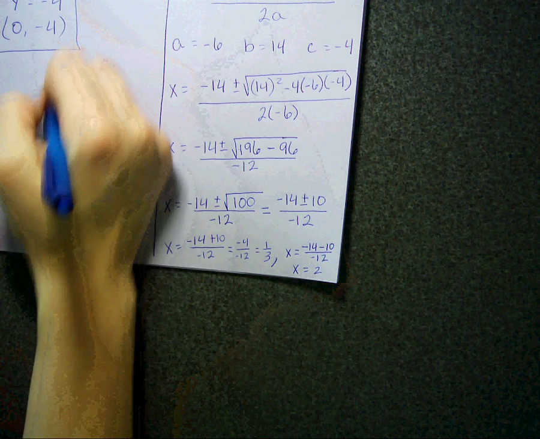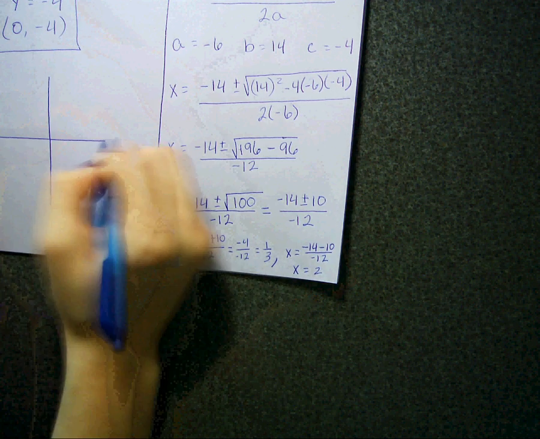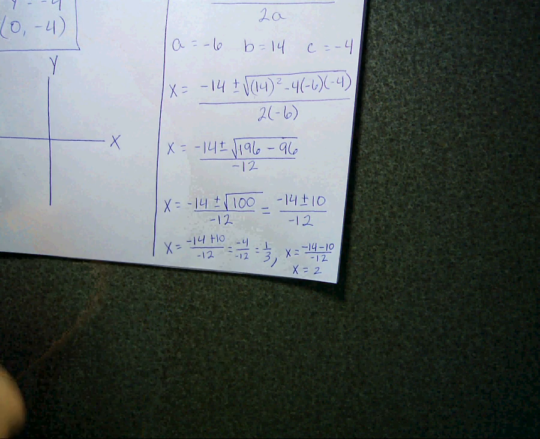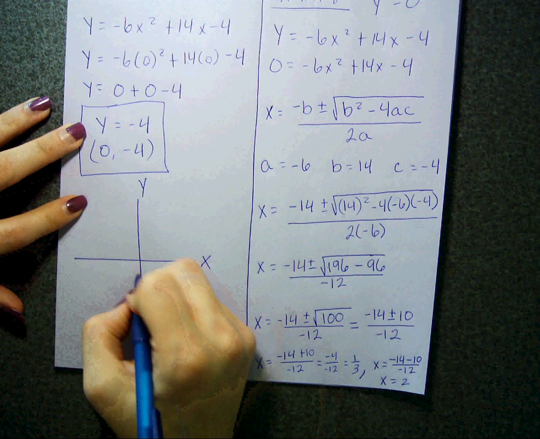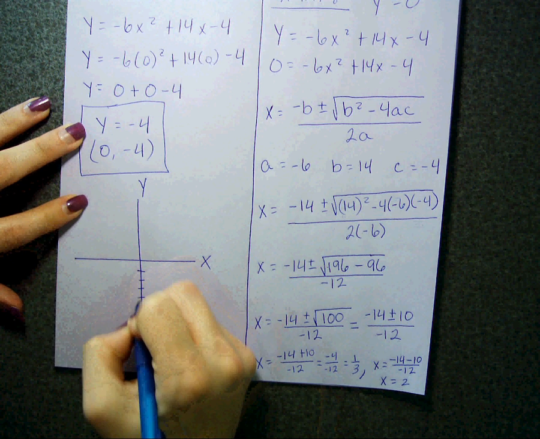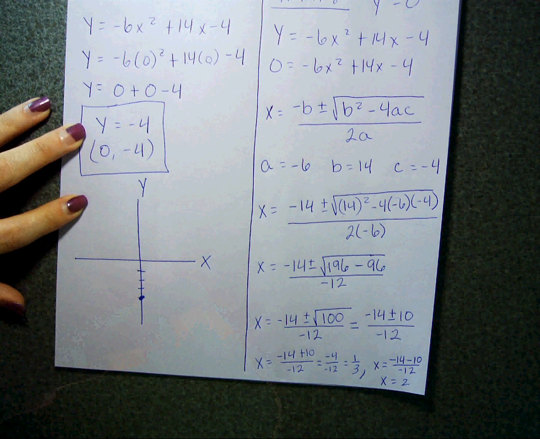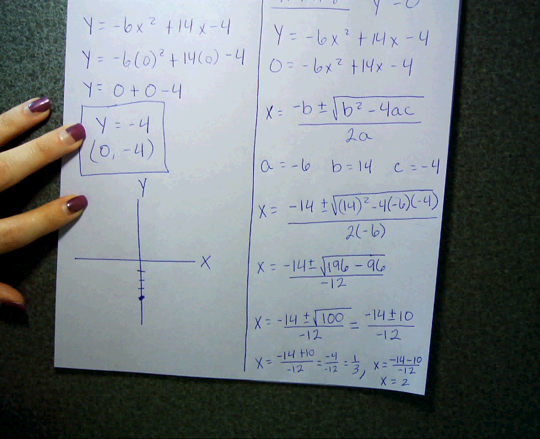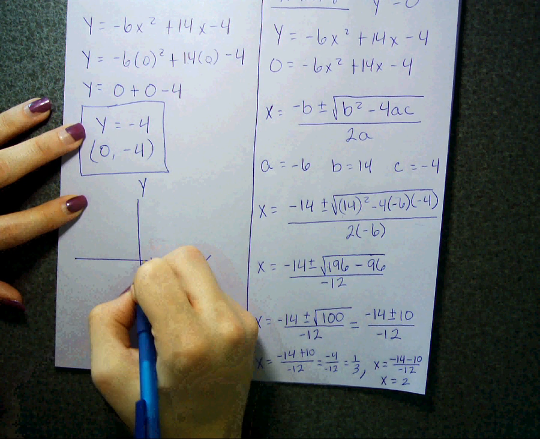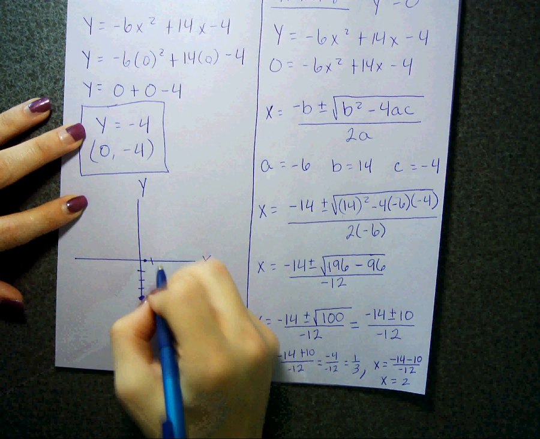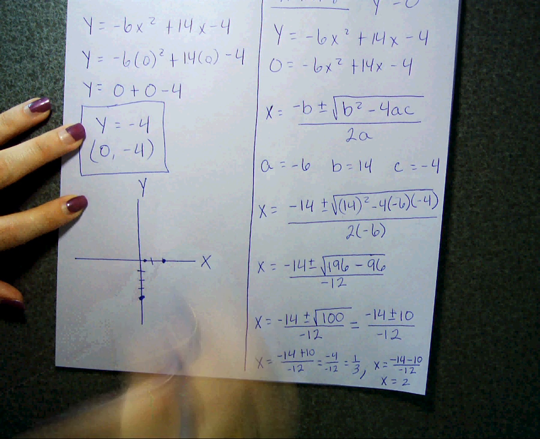So again, I can do a real rough sketch real quick. I know this graph crosses the y-axis at negative 4. And it crosses the x-axis at 1/3, so about right here, and at positive 2, so about right here.